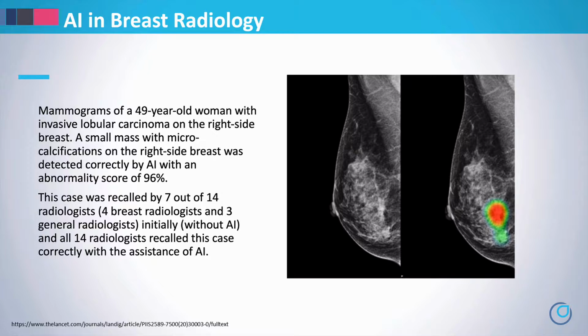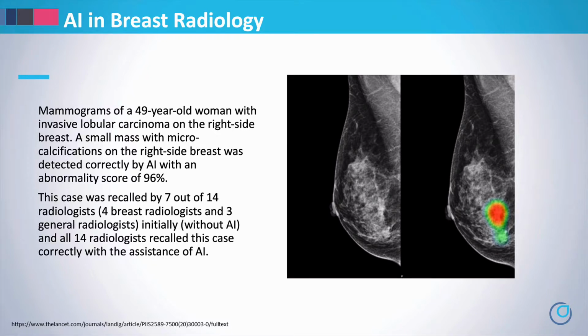But as the right-hand picture with the artificial intelligence enhanced breast imaging shows you, once you apply AI, every radiologist, in fact, all of us, can clearly see correctly where the tumor is. And this is a good example of how well AI can enhance breast imaging.